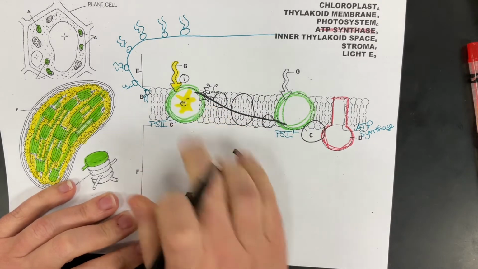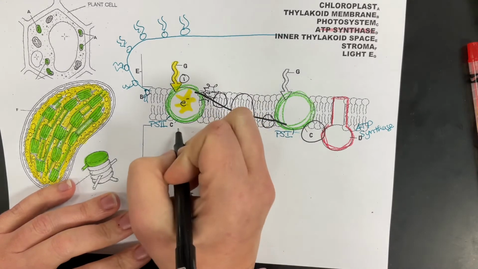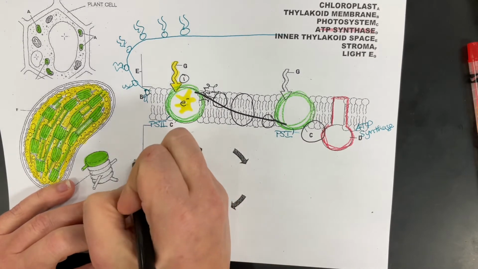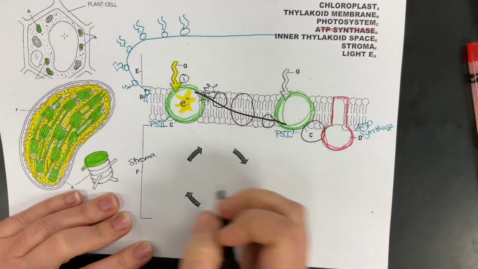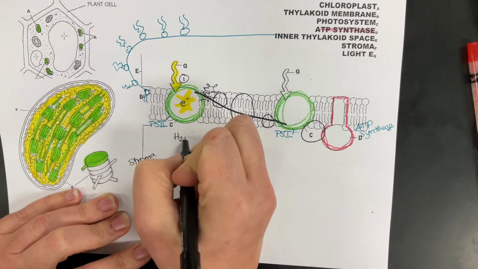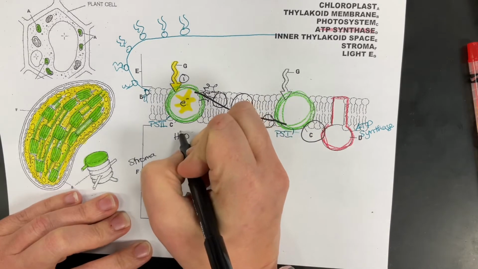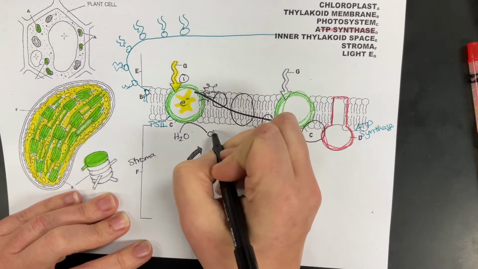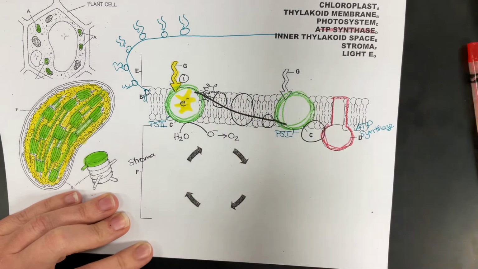So now there's a void here, and this is where I'm in a static 2D model, right? So down here, this is our stroma area. This is our yellow area of our map. This is our fluid area. This is where the water would be, okay? So an edge of the photosystem is going to take the water, and it is going to break the water into oxygen, which will then become O2 and leave.